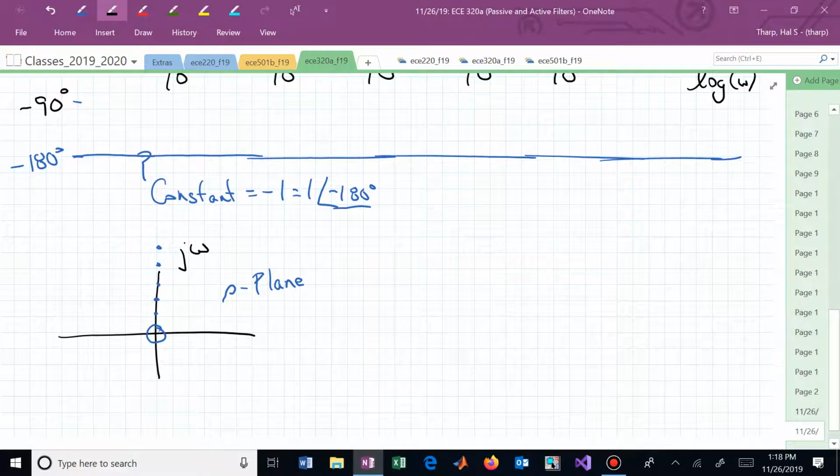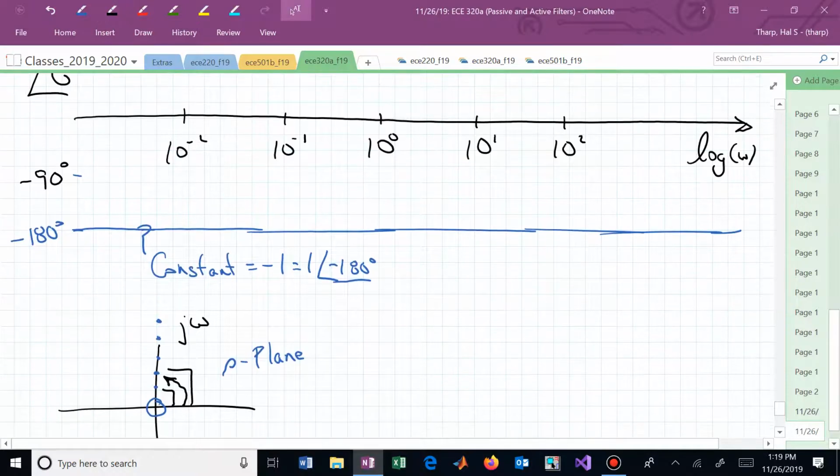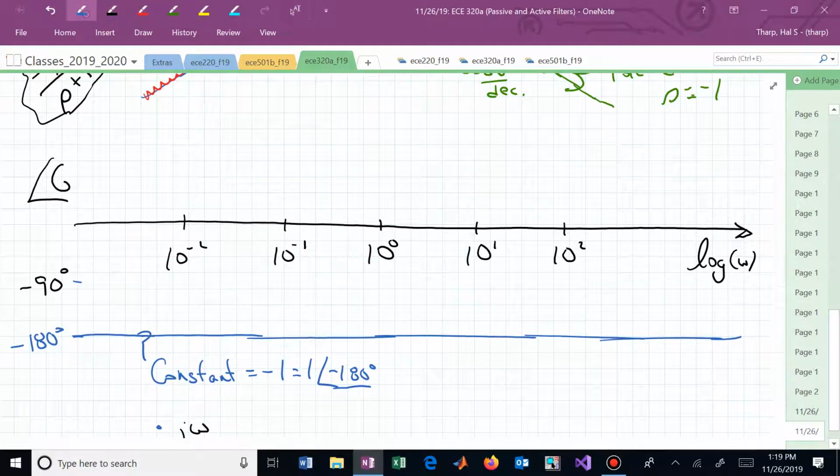I now am measuring the angle with respect to the positive real axis, and at omega equal very tiny, I turn 90 degrees. At omega a little bigger, I have to turn through the same angle. It's always 90 degrees. Do you see that? This angle now between here and there is always 90 degrees. That means then that, and it's upstairs, so now I have a plus 90 degrees.